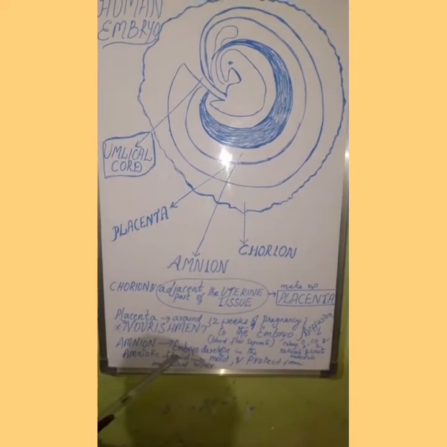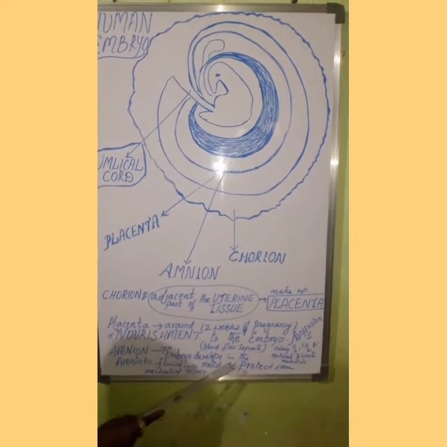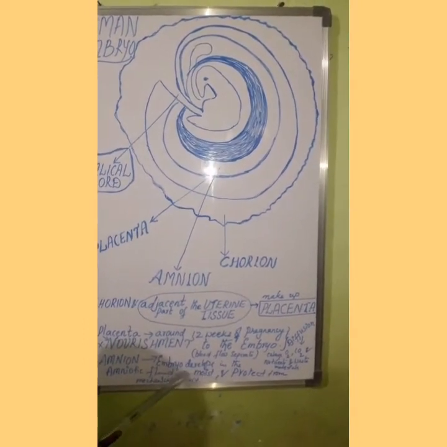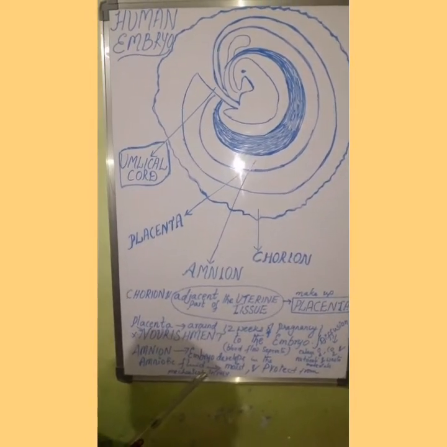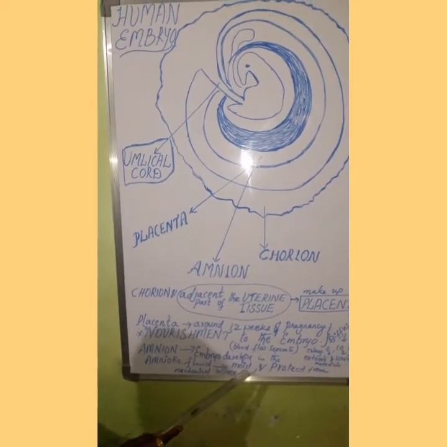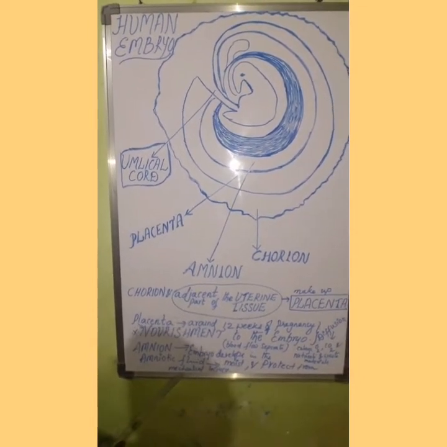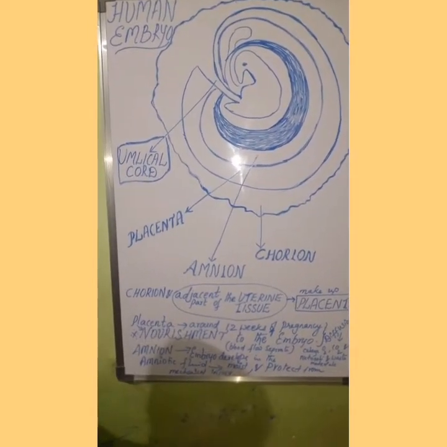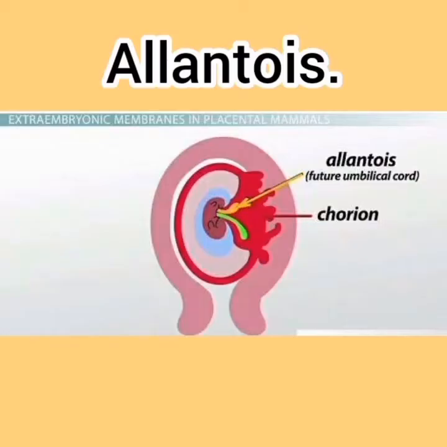Its importance is that it develops the growing embryo. That means the embryo gets developed in the amniotic fluid, which helps to keep the embryo moist and protect it from any minor mechanical injury.